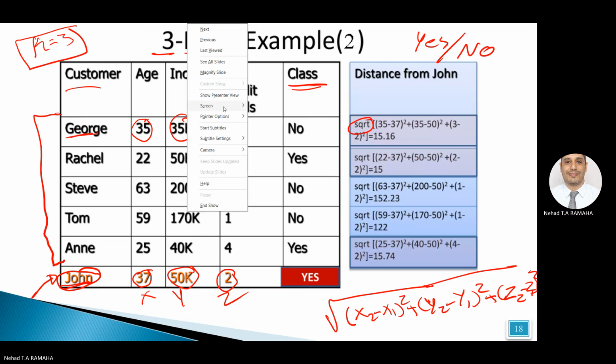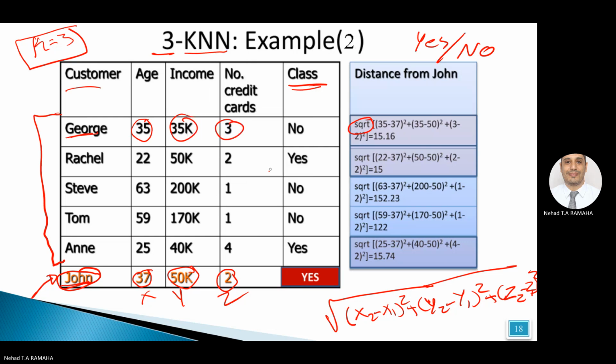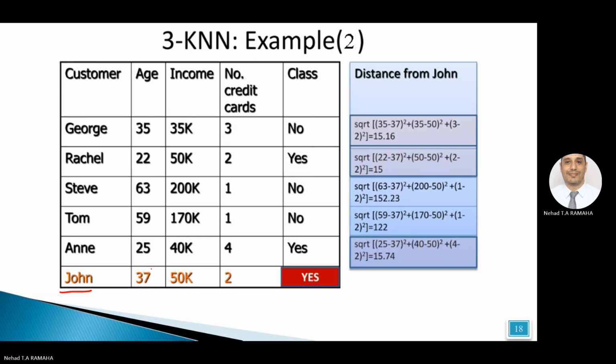So for John, we have 37 for the age, and here 35.